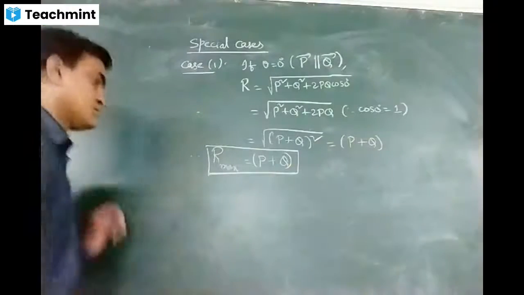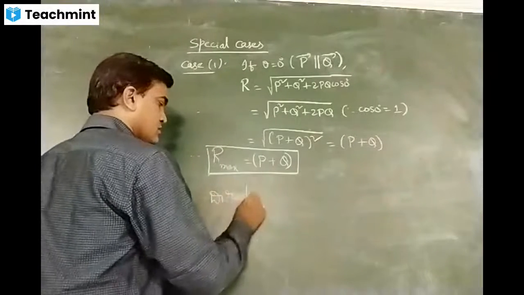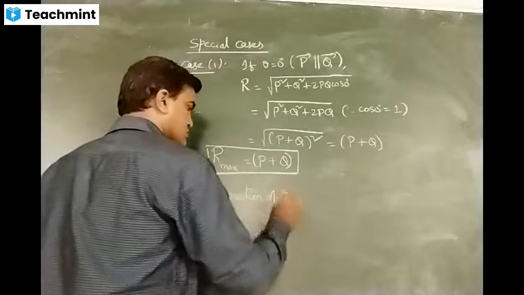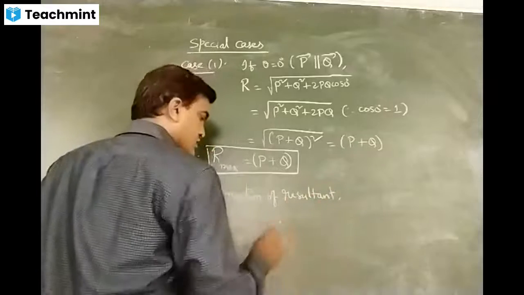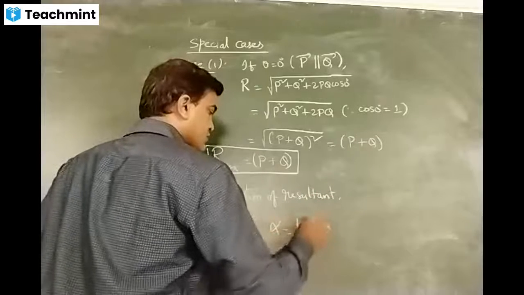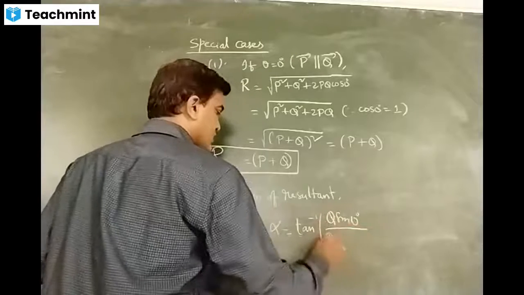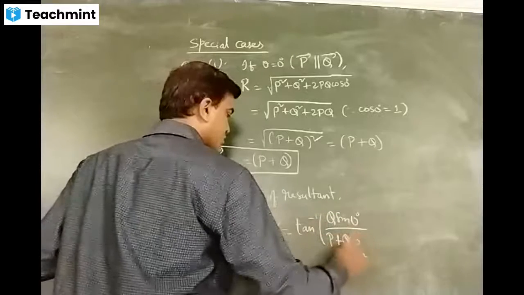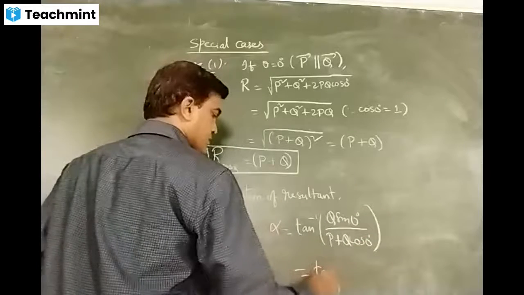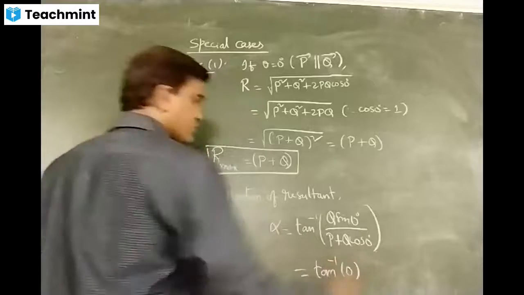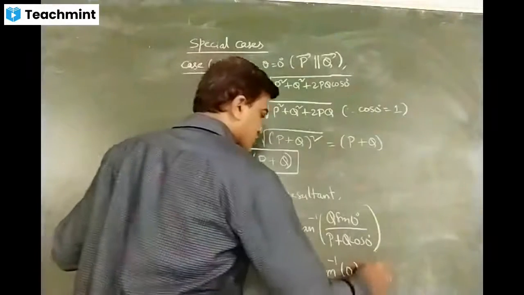And what is the direction of resultant? Tan alpha is equal to Q sin theta by P plus Q cos theta. When theta is equal to 0 degrees, alpha is equal to tan inverse of Q sin 0 degrees divided by P plus Q cos 0 degrees, and this will be tan inverse of 0, which is equal to 0.